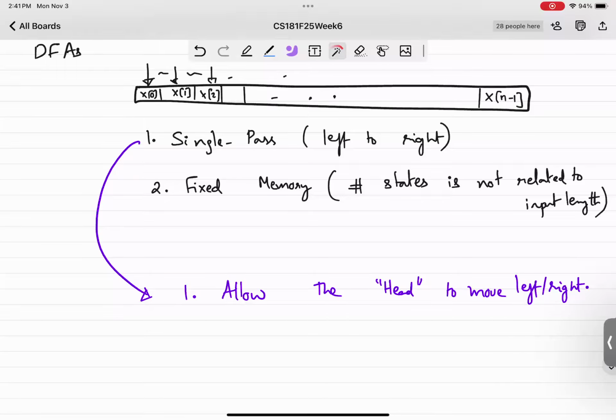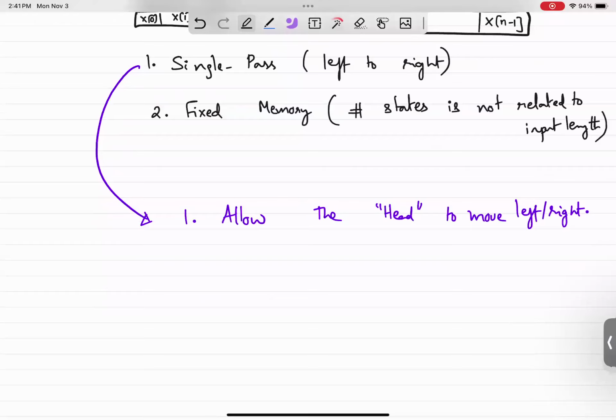So you can maybe say, allow unlimited memory. We have to make it precise, because even if you allow unlimited memory, our key goal is that the description of the machine should not depend on how big your input is. Anything else?